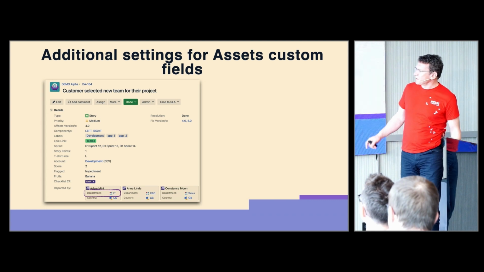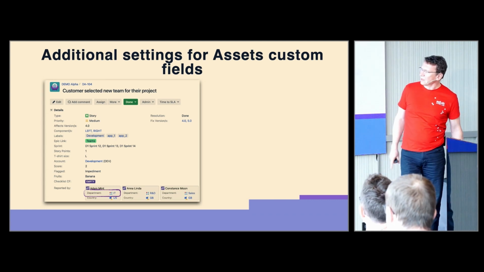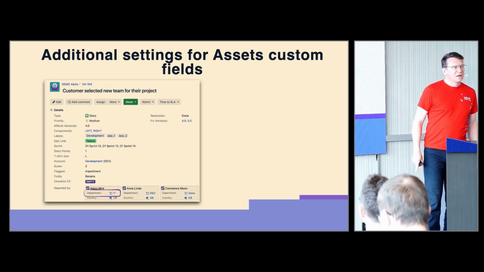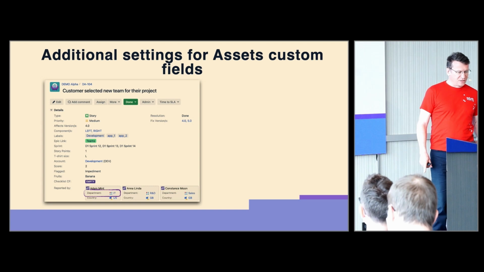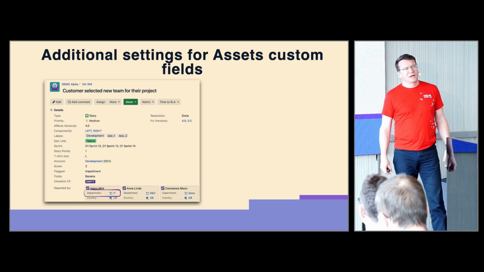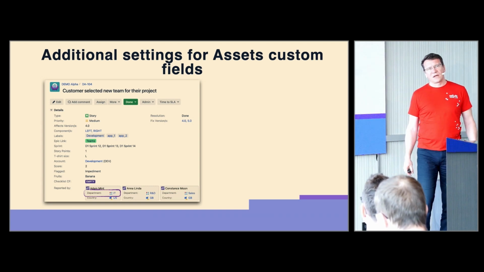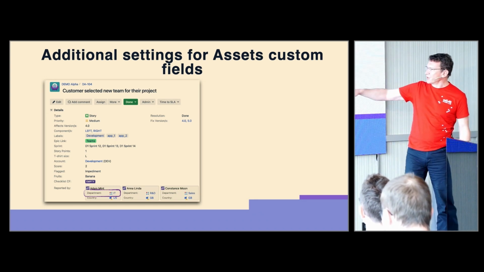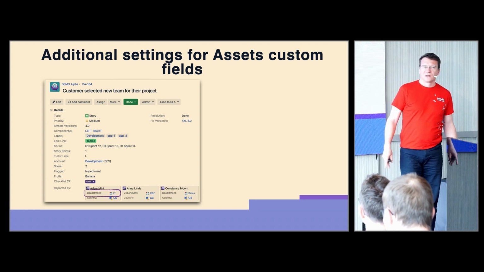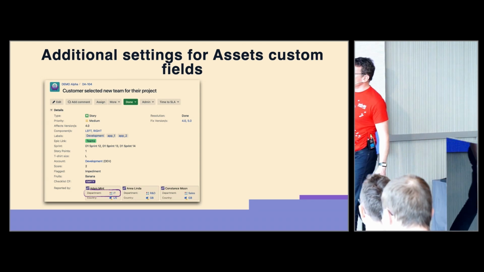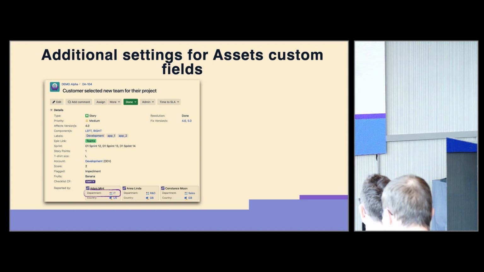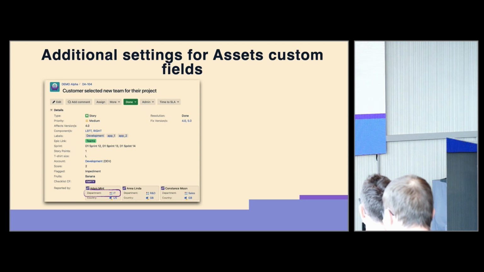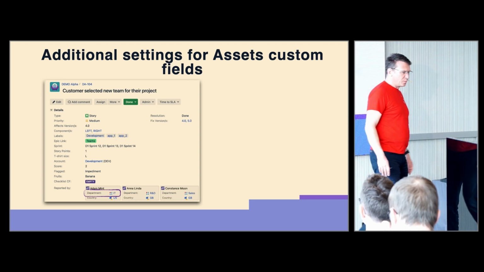Assets custom fields look similar, but can actually look different. Those are links to the assets objects, and assets objects have their own attributes. It was quite a natural wish from customers: can we look into the structure of those linked objects from Jira issues, and show not only the reporter name or label, but also, in this case, the reporter department?